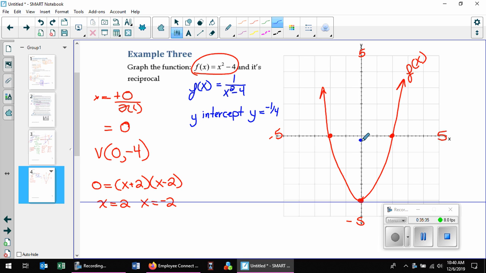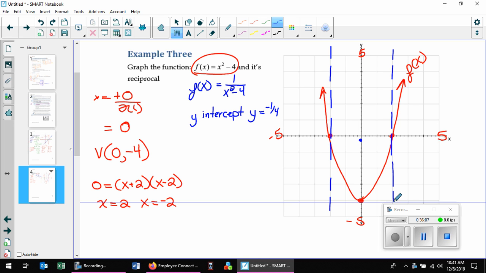What are your vertical asymptotes? -2 and +2. So I'm going to have two vertical asymptotes, and they must be dashed lines when you draw them in. Okay, so now I have three sections of my graph. Three sections: left, middle, right.